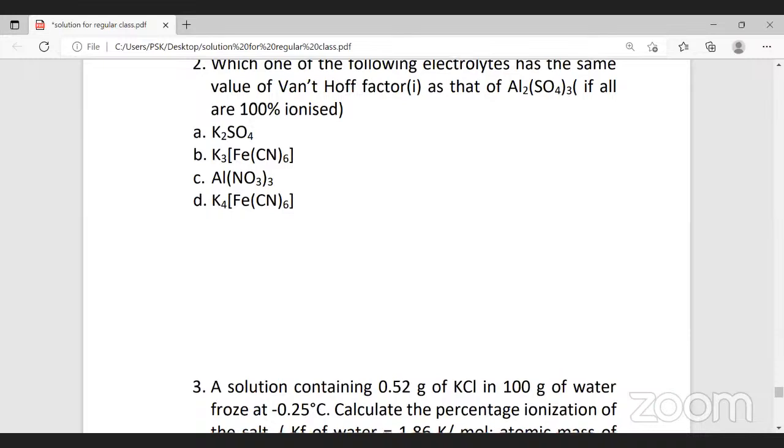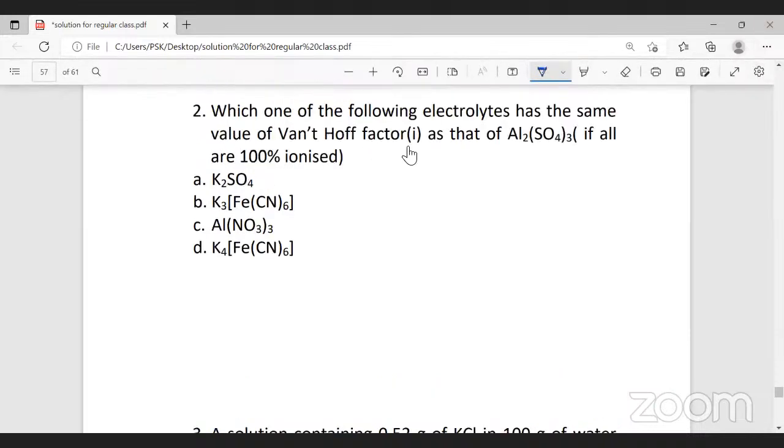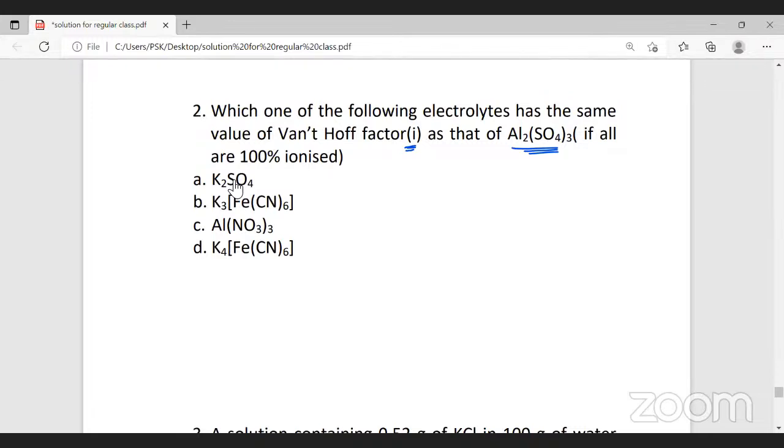Now, this is easy, but let's try to understand. Which one of the following electrolytes has the same Van 't Hoff factor I as that of aluminum sulfate, if all are 100% ionized? Potassium sulfate will dissociate to form 2K+ and 1 SO4 2-. It gives 3 ions.